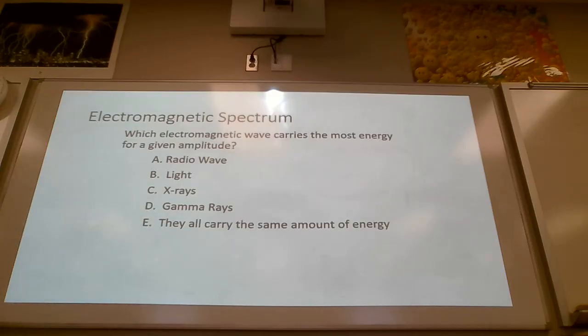Here's what you're responsible for: knowing the 7 categories, knowing their order, and knowing their order in terms of energy, frequency, wavelength, how they stack up. Good with that?